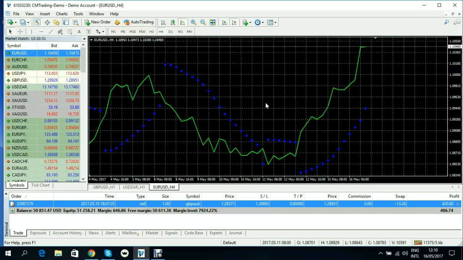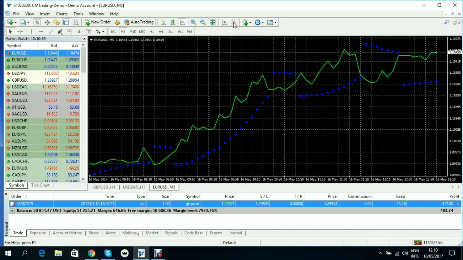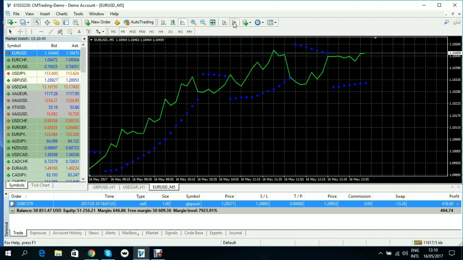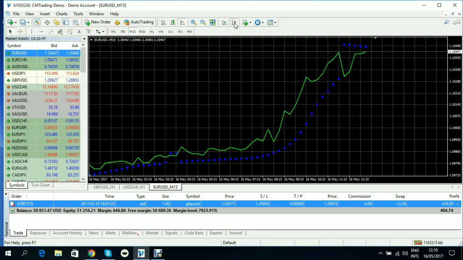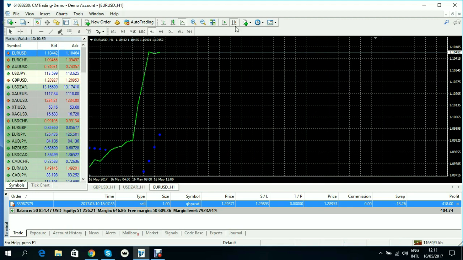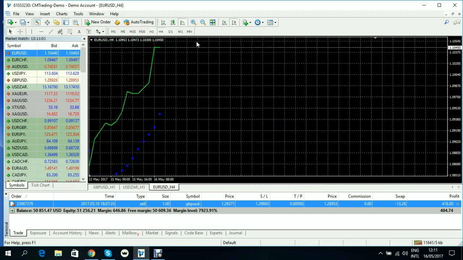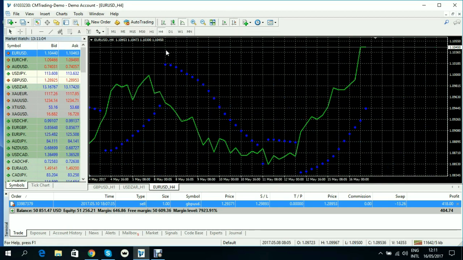The time frame you may use depends on your trading strategy. If you are a scalper, then you may use a shorter time frame for your entries and your exit. If you are a day trader, then it's okay to use the 1 hour time frame and the 4 hour time frame.